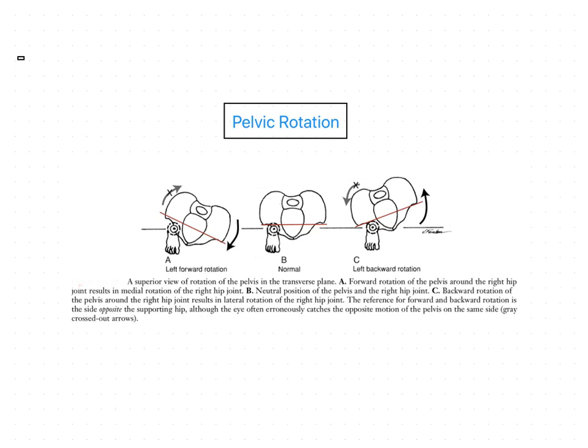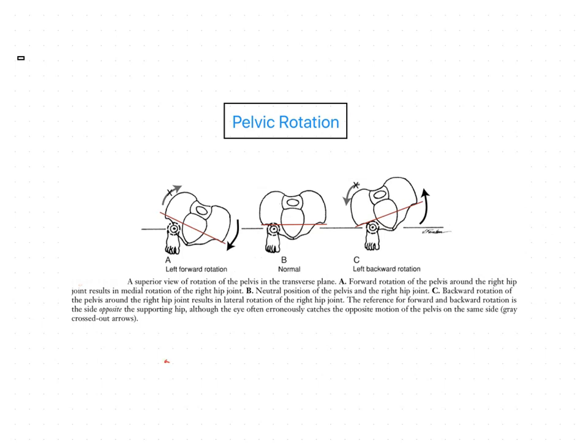Although rotation can occur around a vertical axis through the middle of the pelvis, it most commonly occurs in single limb support. So this pelvic rotation normally occurs during single limb support around the axis of the supporting hip joint.